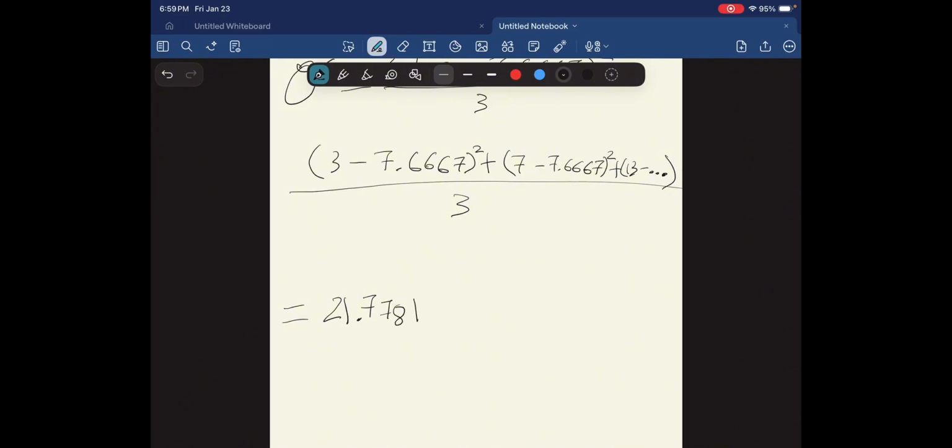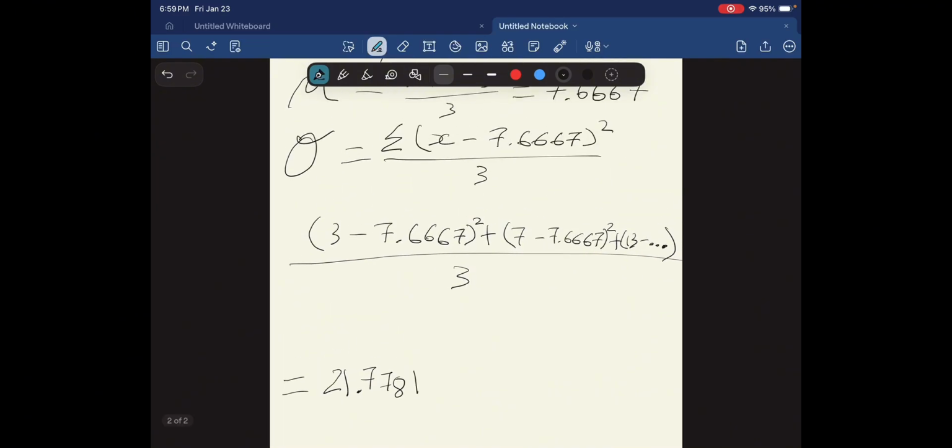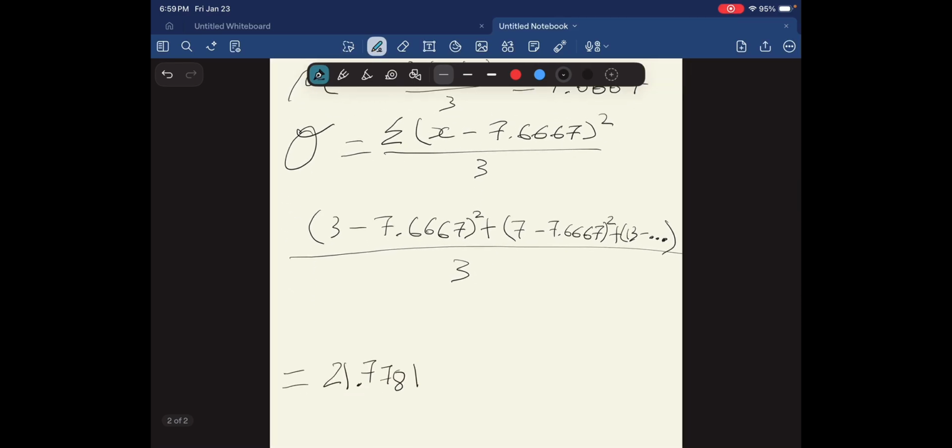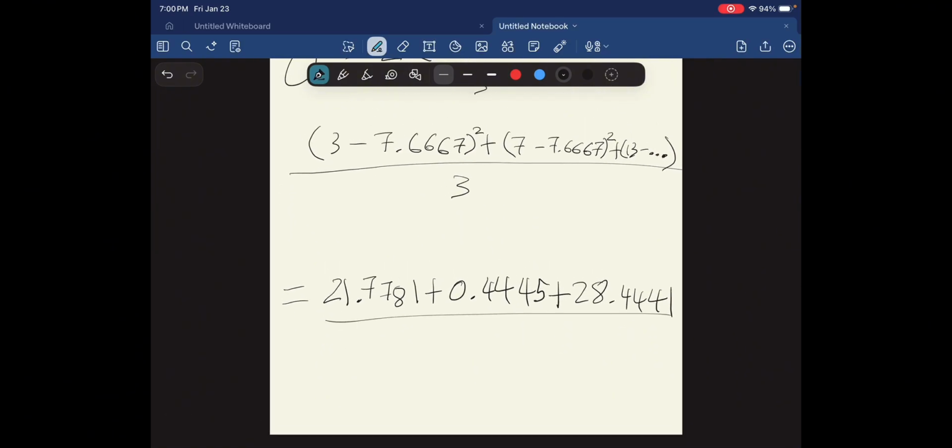21.7781. And remember that in stats, at least, we should round to 4 decimal places is what I've heard. Okay, so 7 minus 7.6667 squared is 0.4445, plus 13 minus 7.6667 squared is 28.4441, all over 3.